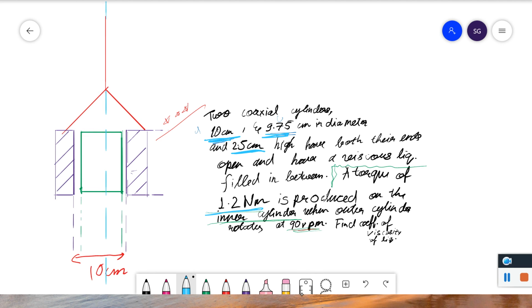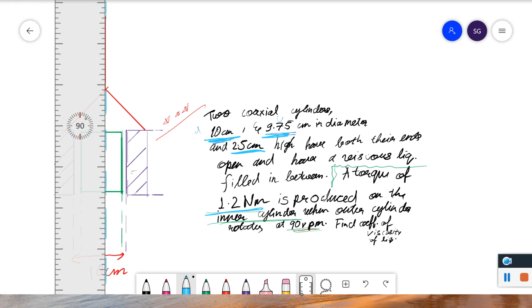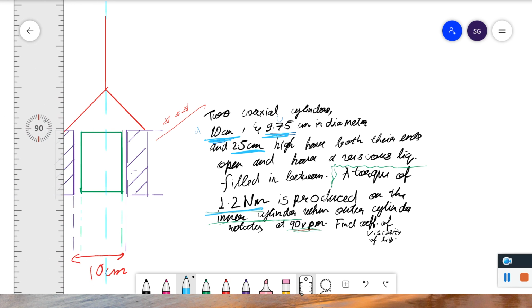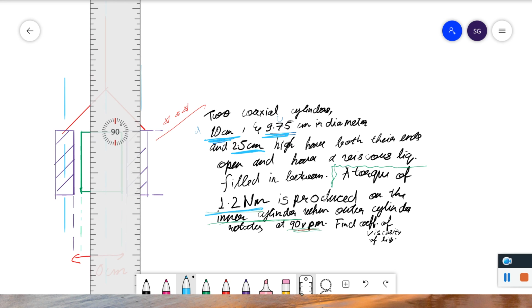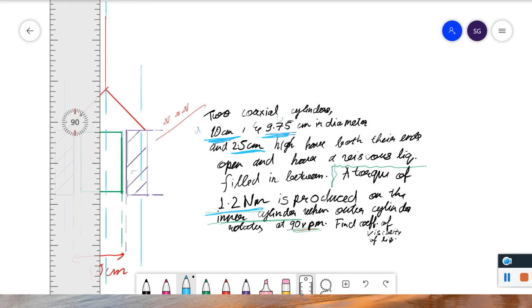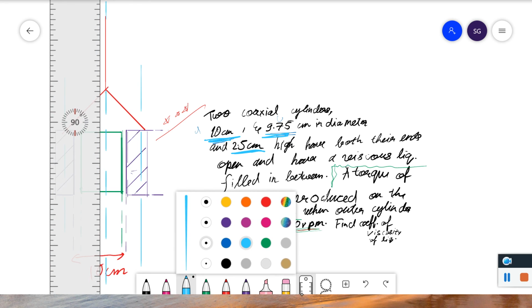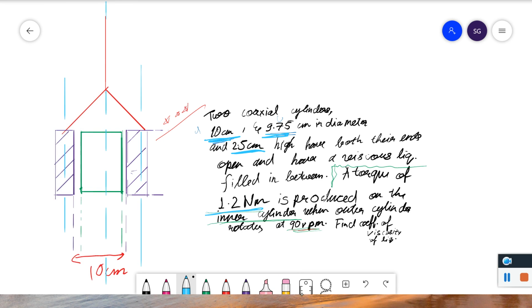The blue line, assume this blue line as an axis, from the center you can see that they are on the same axis, means they are parallel to each other. So these are two coaxial cylinders, and the outer cylinder is 10 centimeter in diameter.